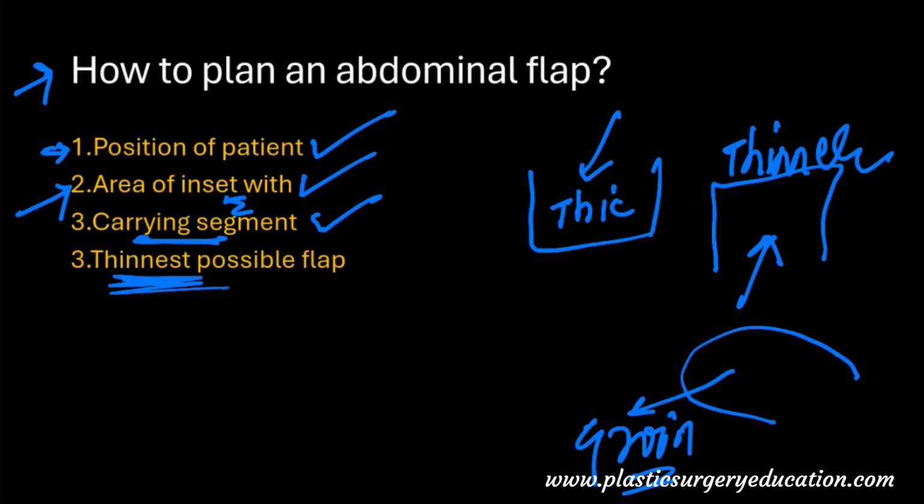So when all the other things are the same, it is preferable to have an inferiorly based abdominal flap over a superiorly based abdominal flap, or for that matter a groin flap over both of them. So this is how we make clinical decisions while doing abdominal flaps, groin flaps. And it is also important to note that we have to, as far as possible, include a known axial vessel in the flap. It makes things easy, the flap more robust.